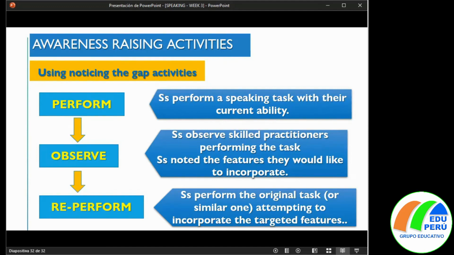Availability is divided in three. Awareness, then... remember, availability is divided in three.